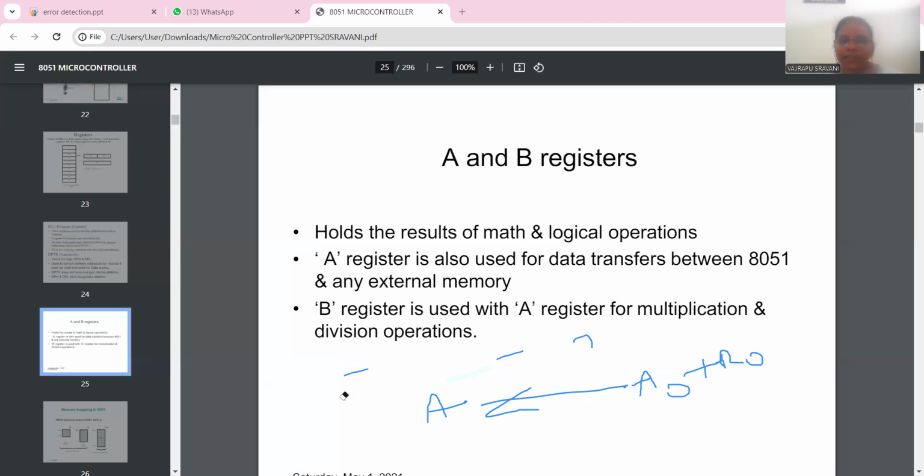So by using the accumulator register, it performs arithmetic as well as logical operations, and the results are stored in the accumulator itself.